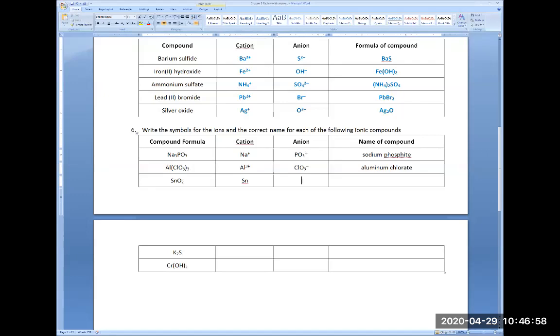And the reason is because oxygen is a predictable ion. So by finding how many negative charges we have from oxygen. So oxygen, what is the symbol for the oxygen ion? And it's called the oxide ion. So let me change that.